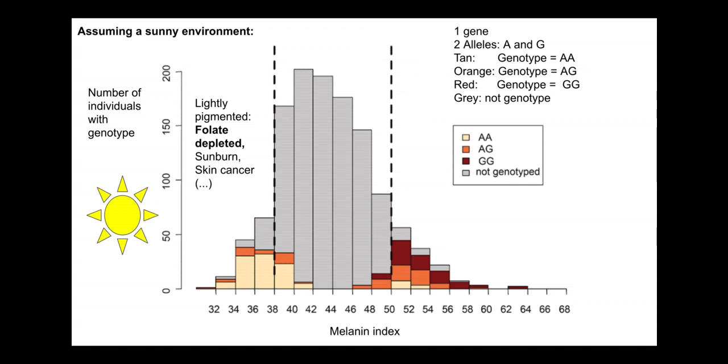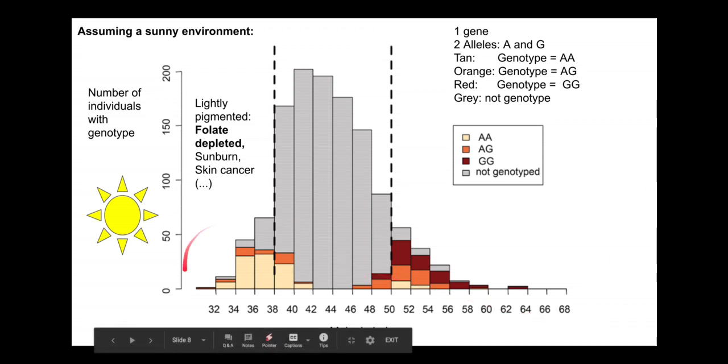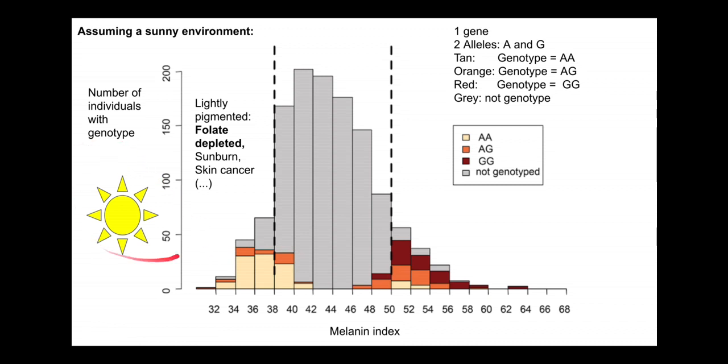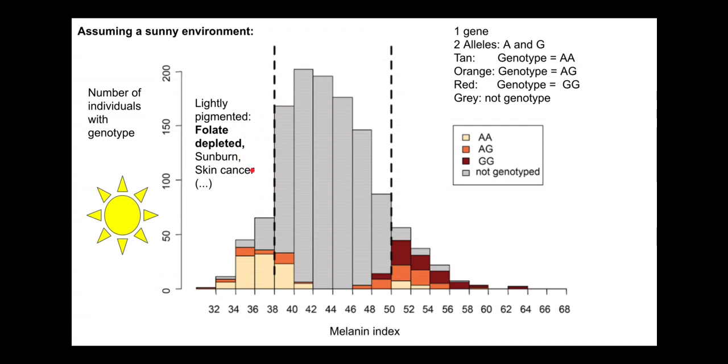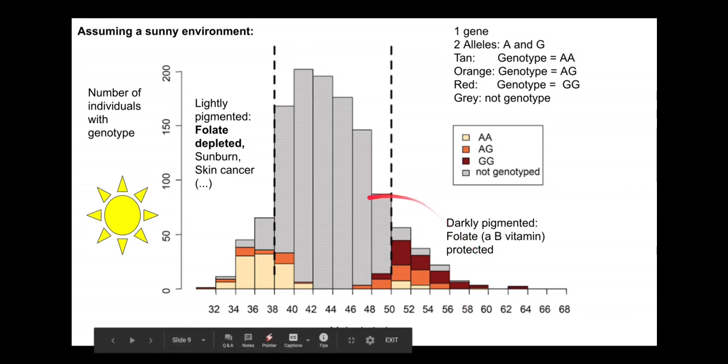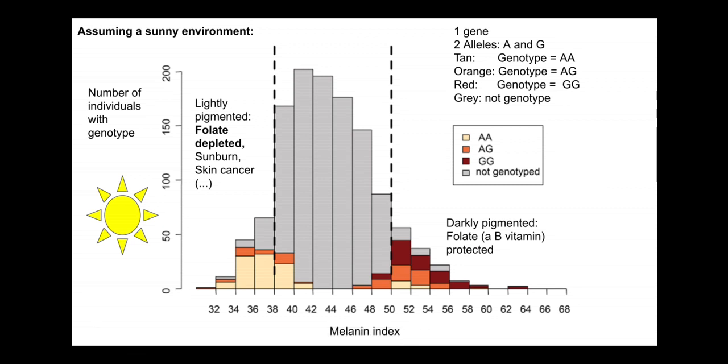You also are more likely to sunburn. You're more likely to have skin cancer. So if you are on the lighter end of the pigmentation spectrum in your population and you live in a sunny environment, you're going to face certain challenges: lack of folate, sunburn, potentially skin cancer if you live that long. Whereas if you are darkly pigmented, you are able to produce folate through your melanin, and you are protected from sunburn and skin cancer.